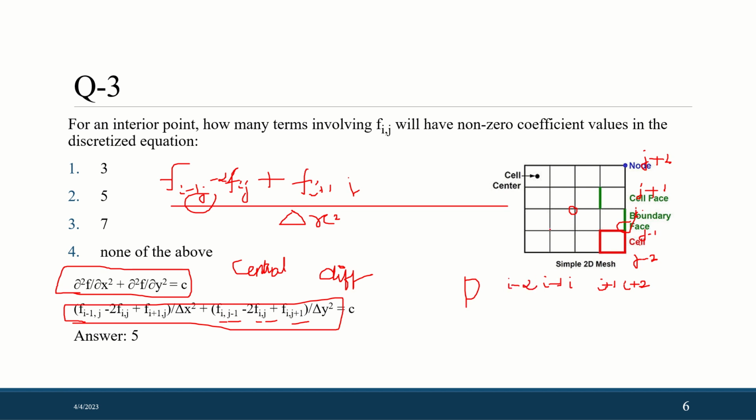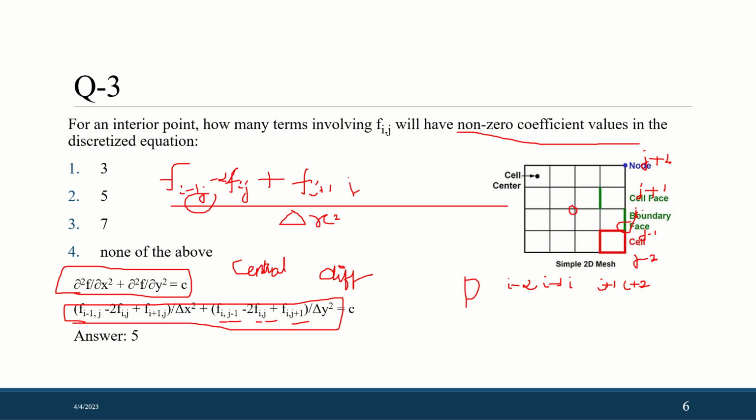When we are dealing with this, for an interior point, it is to be noted, it is an interior point, not a boundary condition. Boundary condition means some coefficient would become 0. Since it is not 0, it would have certain values, because it is given that they are non-zero values with Dirichlet boundary conditions. So how many terms involving f(i,j) will have non-zero coefficient values?